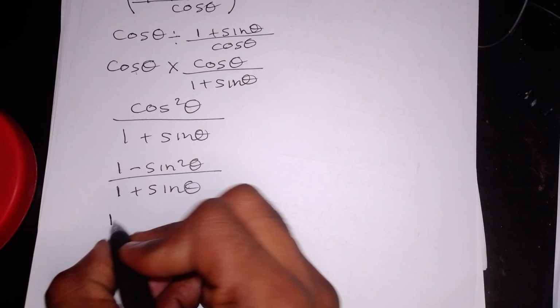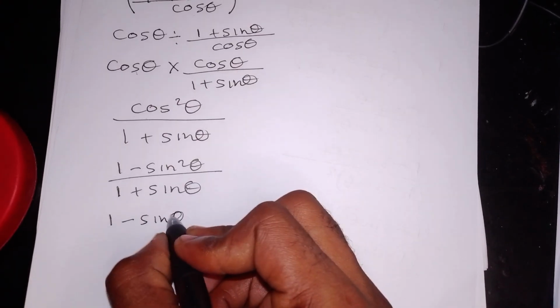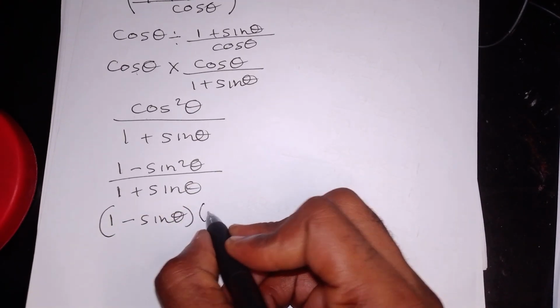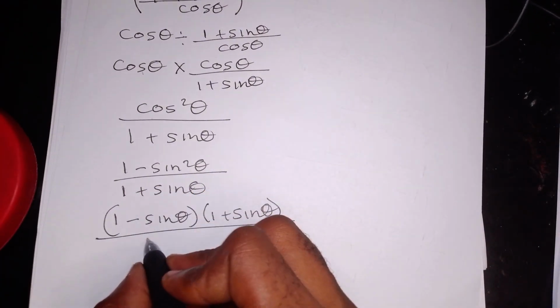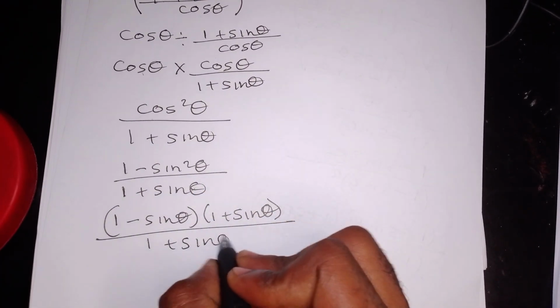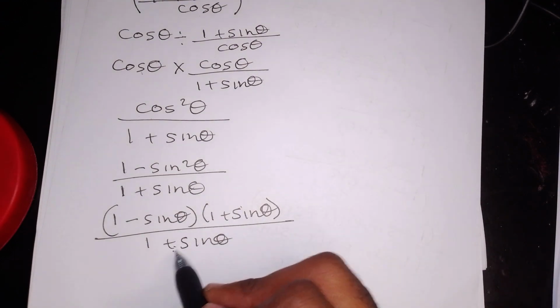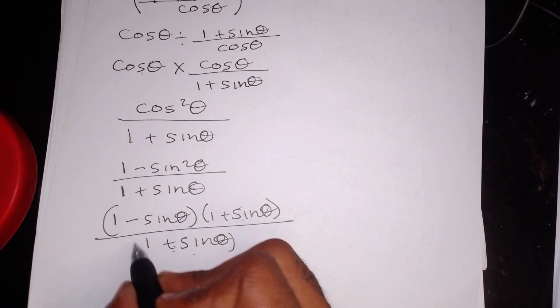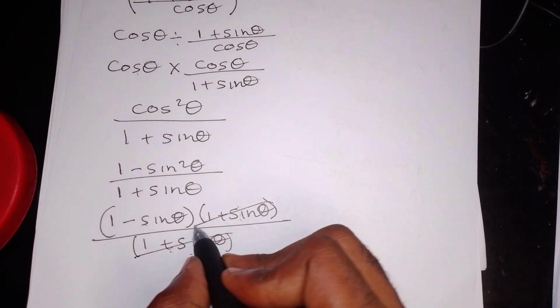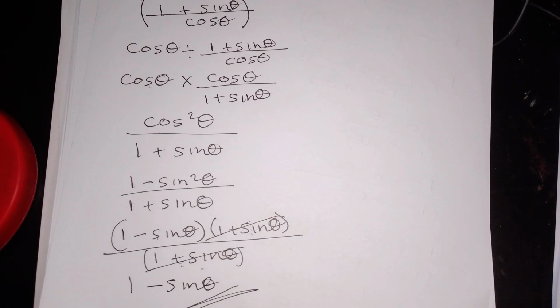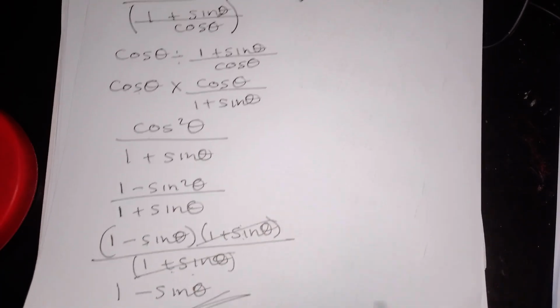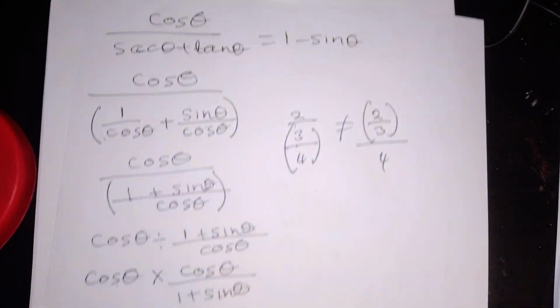So this will be 1 minus sine theta times 1 plus sine theta, then everything over 1 plus sine theta. So these two can cancel out because this is what you want. So you can cancel these two out, and by so doing you would have proved the identity because this is what you want on your right hand side.